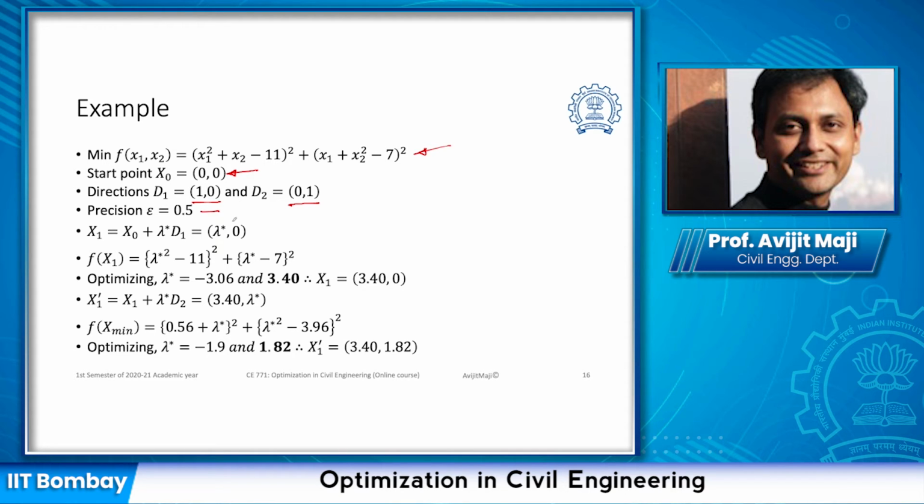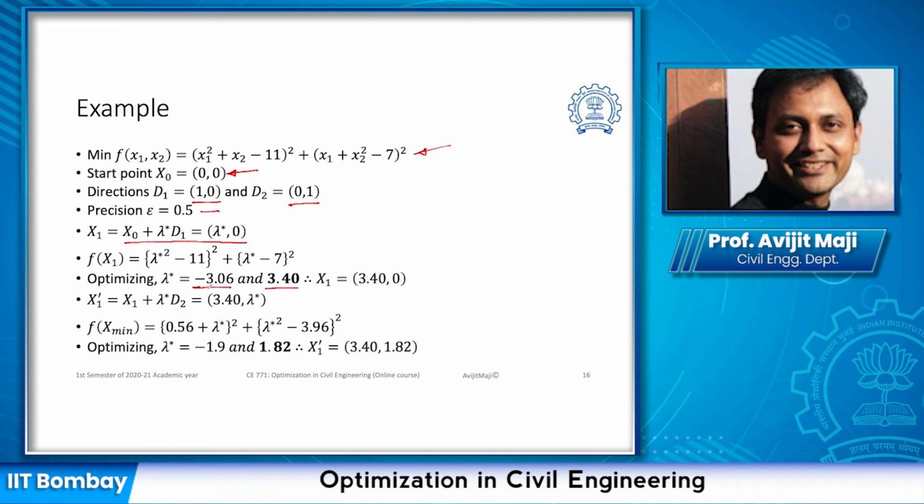0.5. So once we search along the first variable, we can write the direction as this, and if we want to optimize the lambda value, we can see that we are getting two lambda values. One is negative 3.06 and the other is 3.40. Out of this we are choosing the positive value.